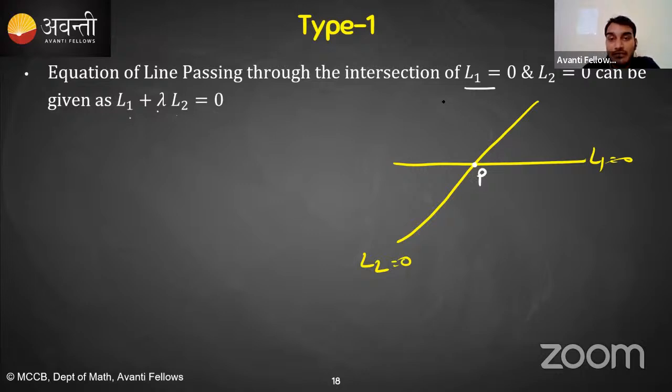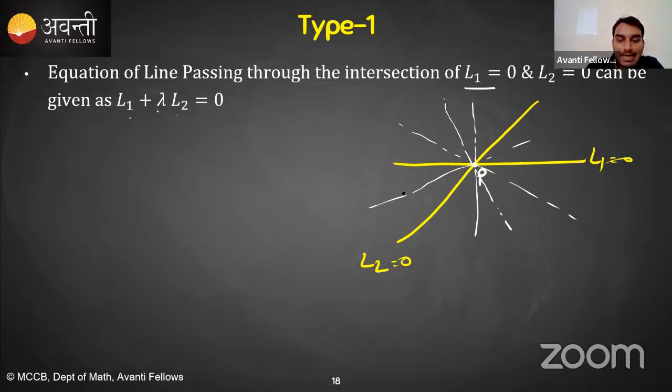So there will be infinite lines, as you can imagine, that are passing through the point of intersection of L1 and L2, like this, maybe like this or like this. Yes or no? So all these lines can be written as L1 plus lambda L2 is equal to 0.